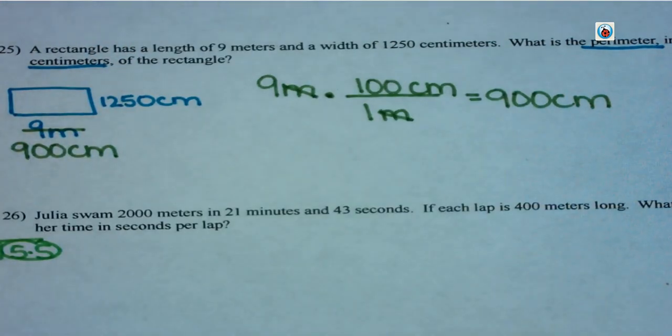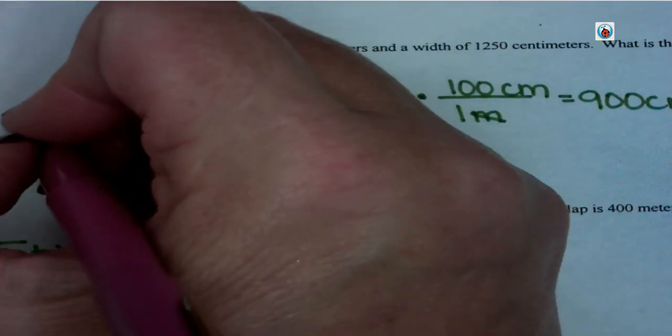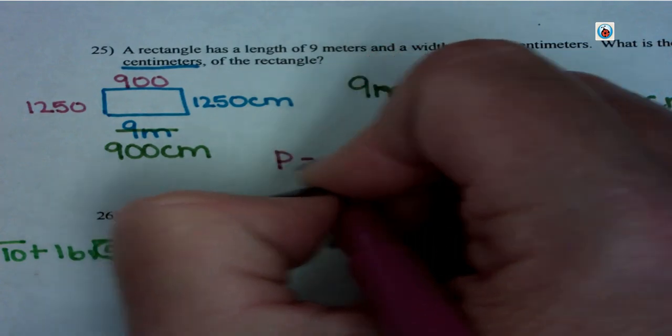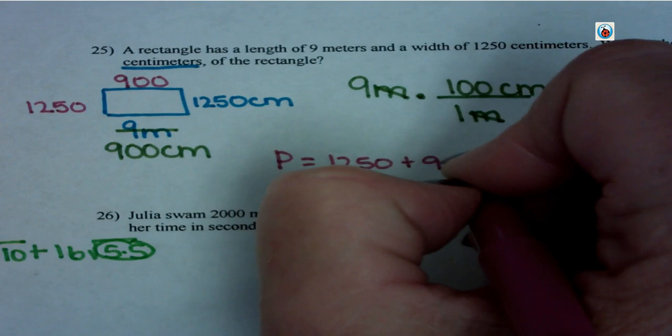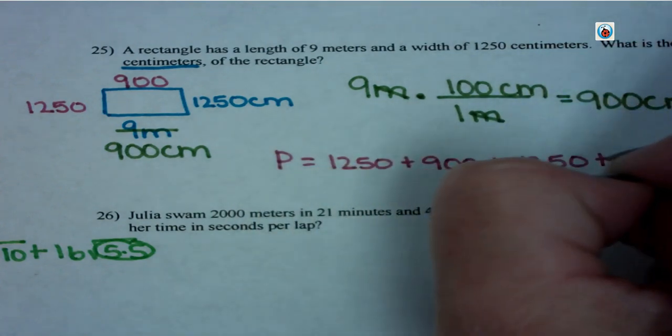But I'm not done yet because it asked me to find the perimeter. So to find the perimeter, we have to add up all the sides. Well, this side is 1250, you know this side is 1250. If this side is 900, you know this side is 900. So now to find the perimeter, I'm going to add 1250 plus 900 plus 1250 plus 900.